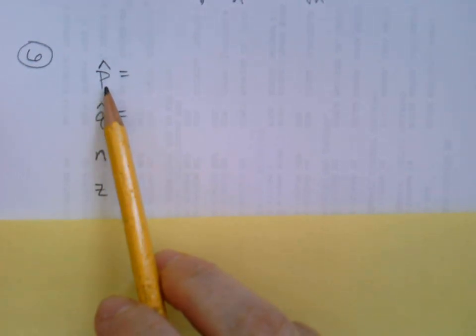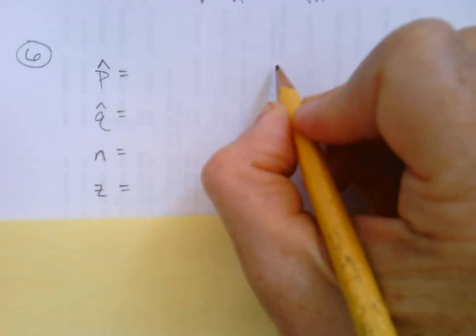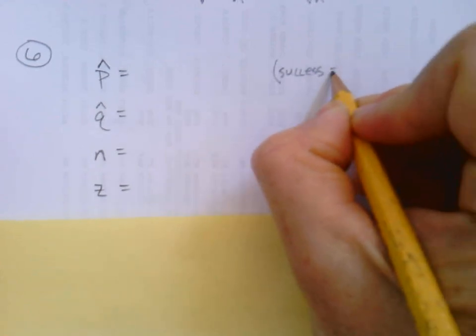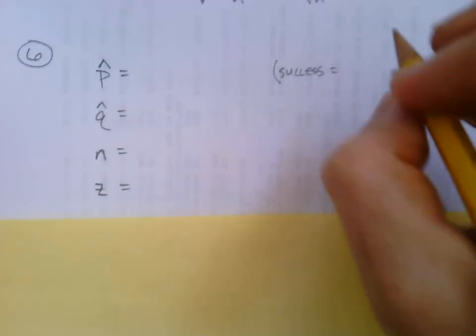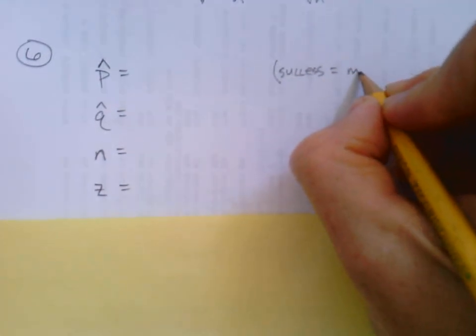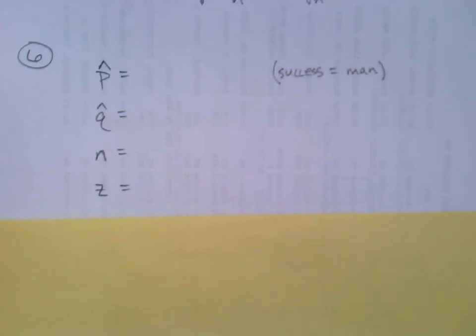So, okay, p hat, the proportion of success. We need to define success. And I think the natural way to do it here, since they're talking about applications for men, is that it was a man who applied to the nursing program.